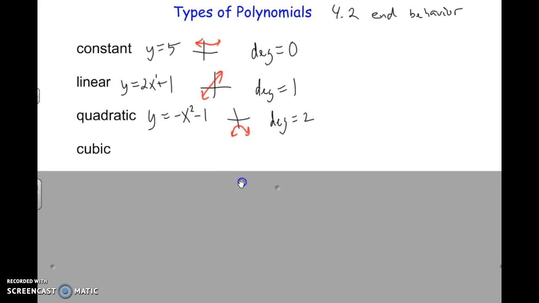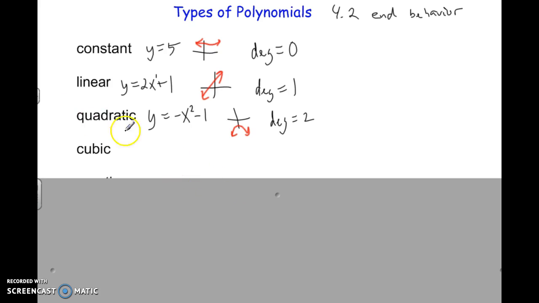Third degree are called cubics. So like y equals x cubed plus x would be a cubic. And the graph may have different looks to it. Sometimes it kind of does this. Starts low, ends high, has a little curve in there in between, and the degree of that polynomial is 3.